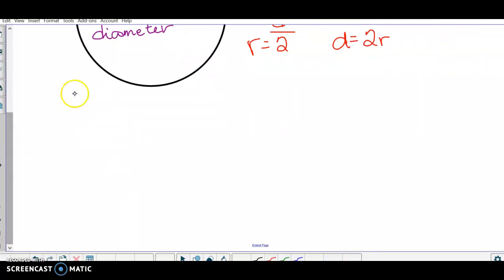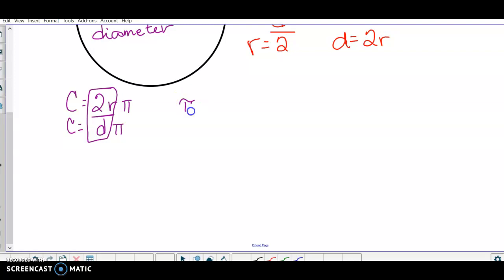We have two formulas for circumference. We have 2 times the radius times pi, or we know that 2 times the radius is the same as diameter, so we can also do diameter times pi. Both of those are the same because 2 times the radius is the same as the diameter.